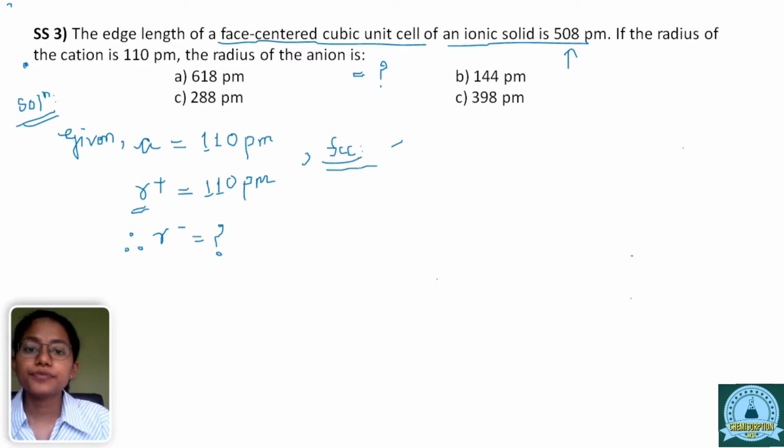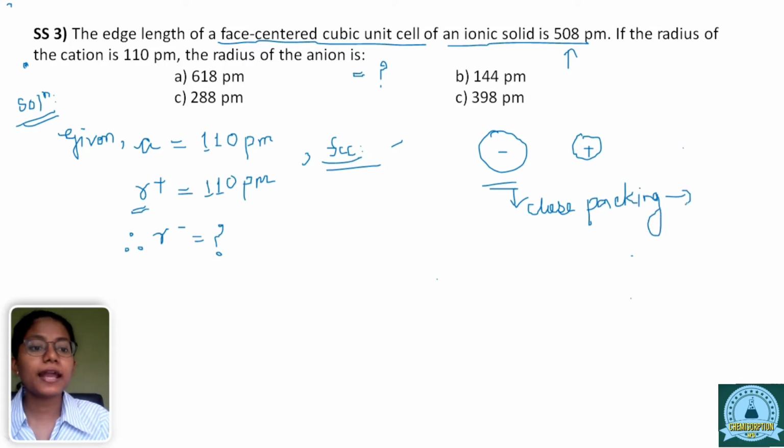Usually anions are bigger in size than cations, right? So they form the close packing structure. Here the anion will form this close packing FCC structure and the cations occupy the voids.